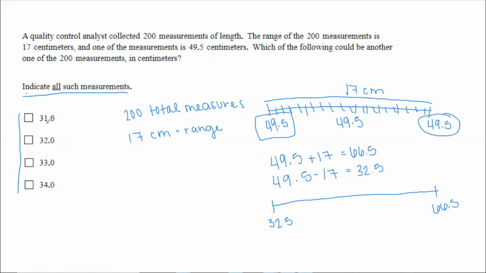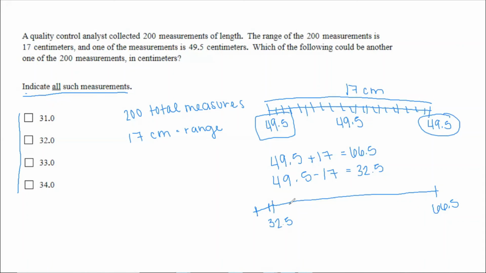So first I'm going to look at 31. 31 is smaller than 32.5, so it would fall somewhere down here below the region in which we're looking. 32, this is tricky. So you see the 32, and you think, I should probably check that. But if we look closer, we have 32 here, and we have 32.5. So although it's close, it falls outside of the range in which we're working.